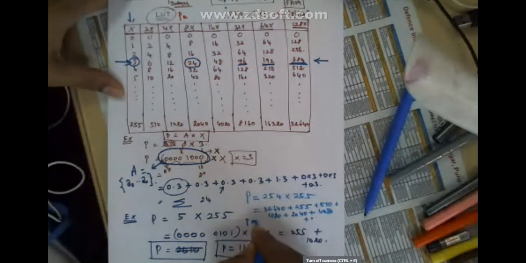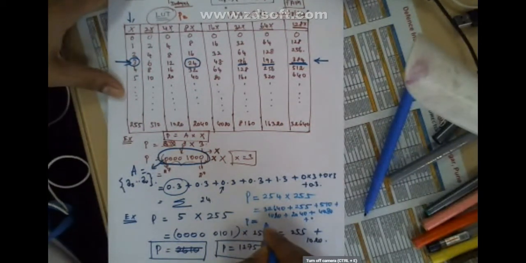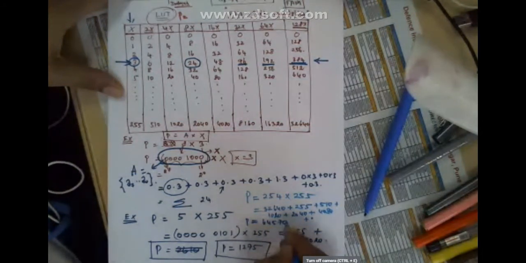Total product you are telling, final product P equal to 64570.